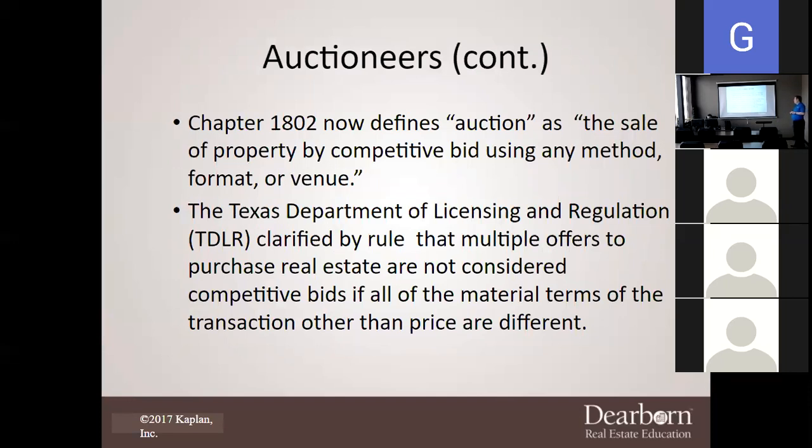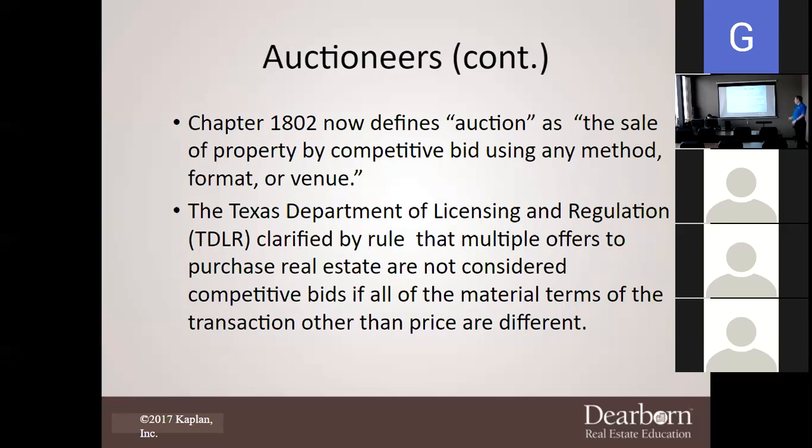The Texas Department of Licensing and Regulation, which is TDLR, clarified by rule that multiple offers to purchase real estate are not considered competitive bids if all the material items of the transaction other than the price are different. So just because you get multiple bids on a property does not mean that it's actually an auction.